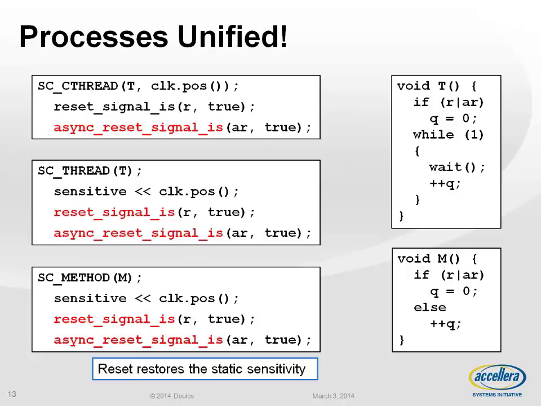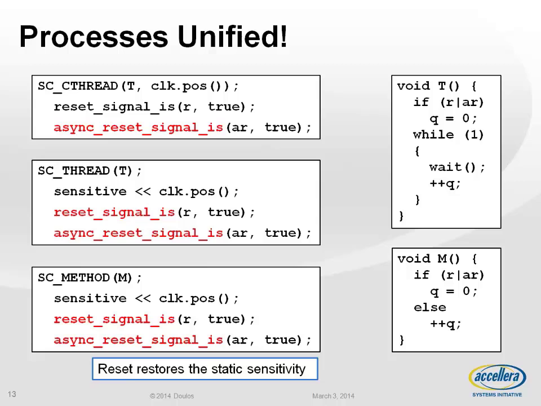So if you're doing fancy stuff, you're using SystemC method processes, and you're using next_trigger to set dynamic sensitivity on the method process, so you're programming the sensitivity list of your method process, and you then go reset it, the sensitivity list gets reset. So the static sensitivity gets restored. That's the technicality that you've got to understand if you're going to start adding resets to method processes.